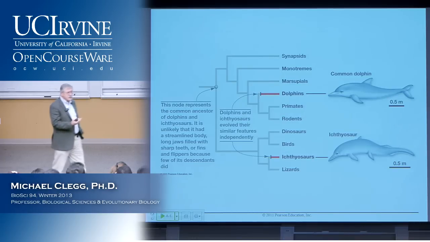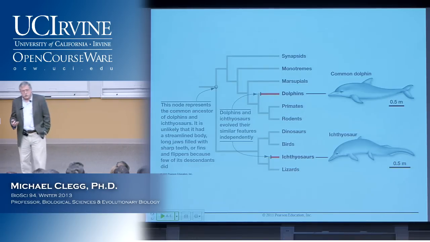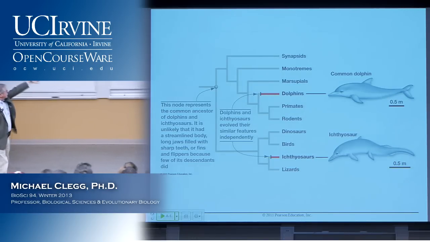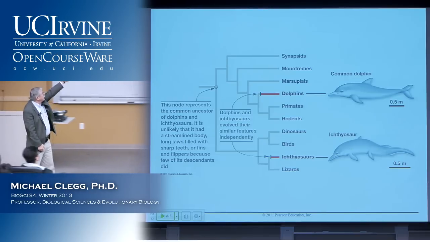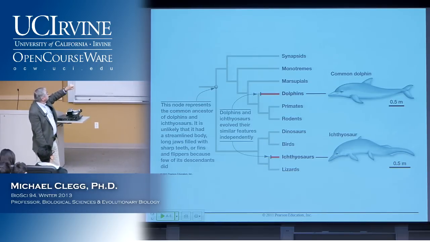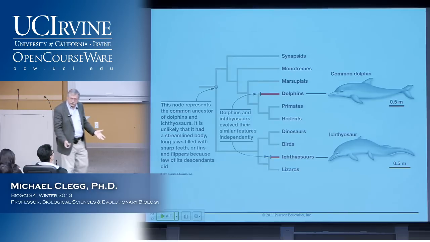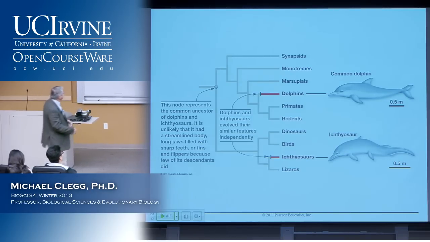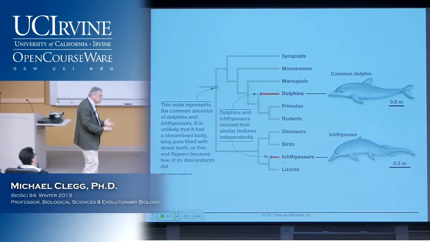And here's a nice example from your book, which is an example of convergent evolution, and it's the dolphin versus the ichthyosaur. And they really look very, very similar. They're both swimming animals, sharp teeth, streamlined bodies, long jaws.